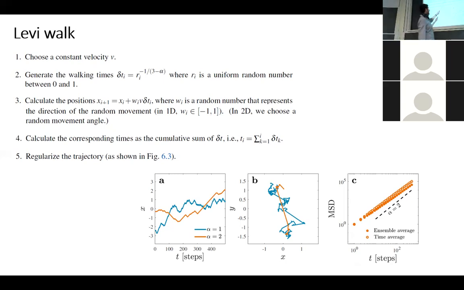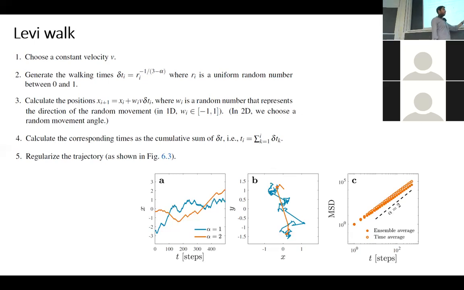And here WI is not a random number, but a direction. So if I am in 1D, it can be plus or minus 1. If I am in 2D, it can be a certain direction, which way I am going, okay? You see here, 2D trajectories and 1D trajectories are significantly different from one another.